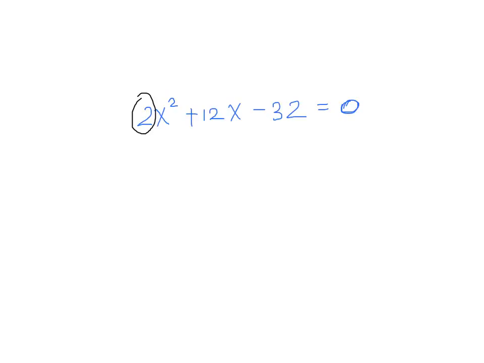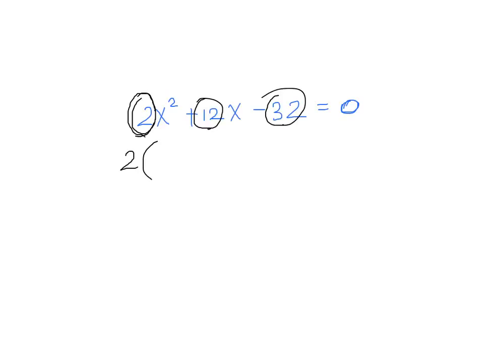The first thing you always want to check when you have a number in front of your x squared is if there's a common factor, meaning, is there a number that can go into all of our values a, b, and c? In this case, we do have a common factor to 2, 12, and negative 32, and that value is 2. So we can actually take out that common factor.